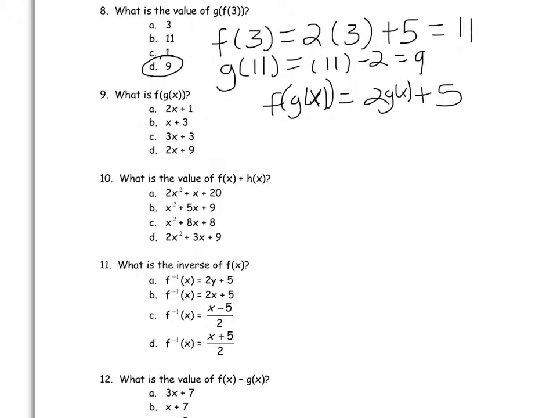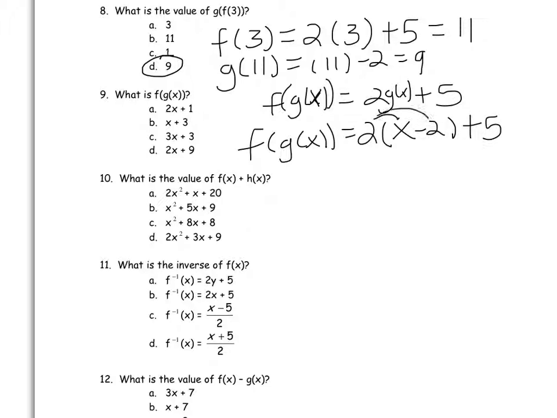But what is g of x? G of x is x minus 2. So really, f of g of x is 2 times g of x, which is x minus 2, plus 5. And then if I just distribute the 2 and collect like terms, I get 2x plus 1, which is answer choice A.